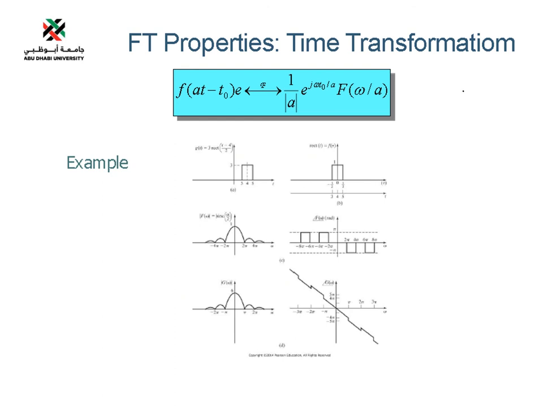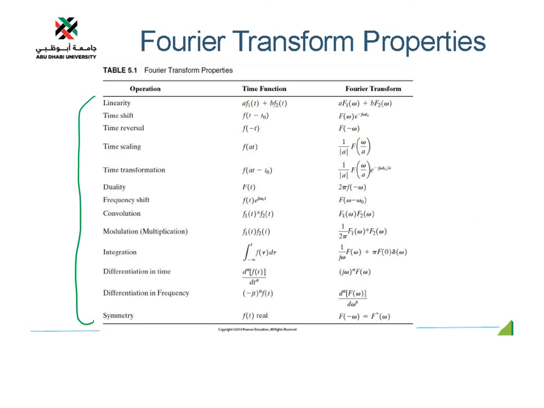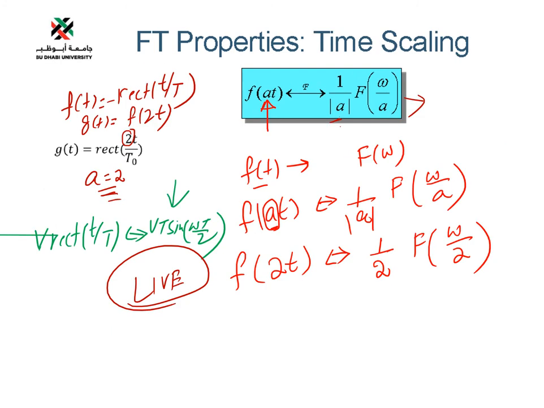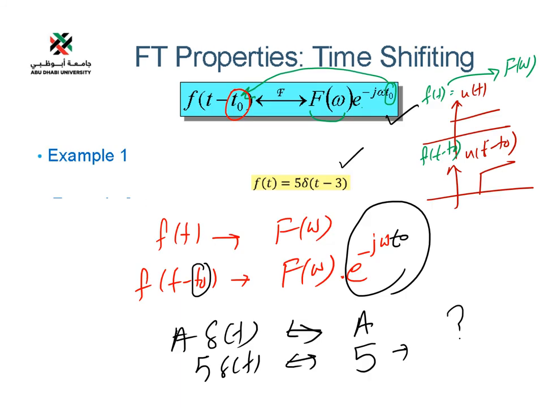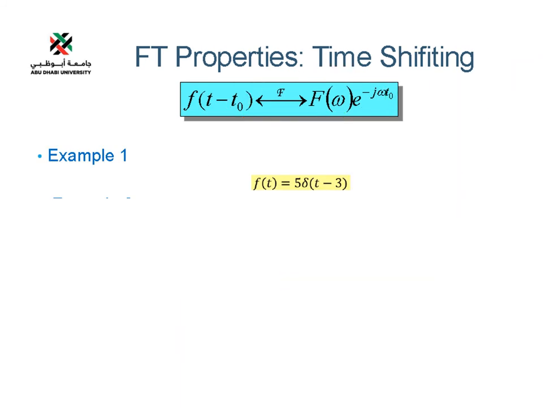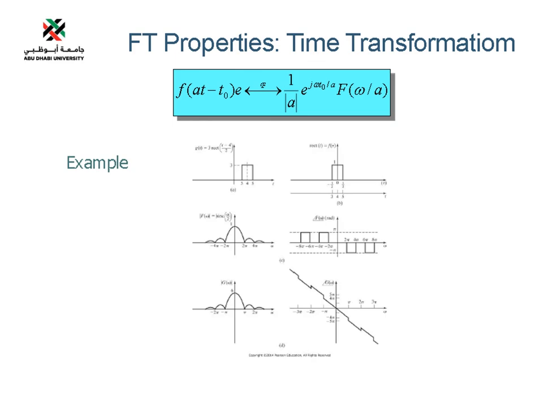The next property is time transformation. We learned about time scaling, and then time shifting, and if we combine both of them, we generally refer to this as time transformation.